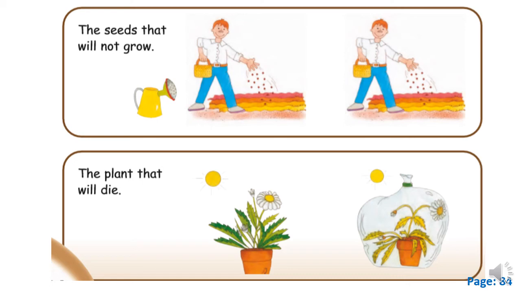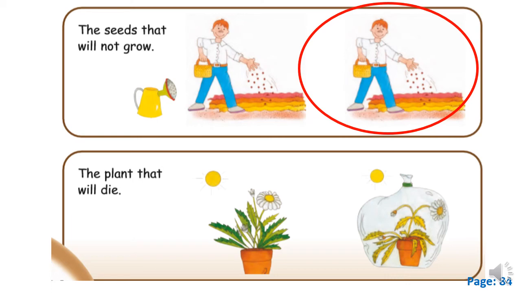So, what do you think? Which seeds will not grow, with water or without water? The seeds without water will not grow. Excellent. So I have to circle this one.